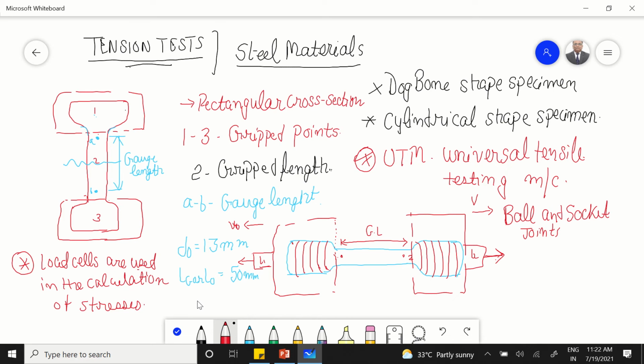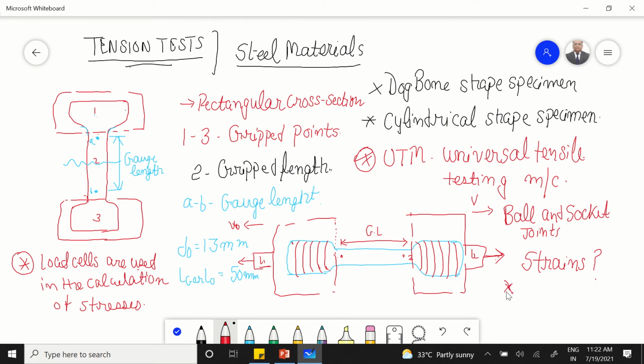Now the next question is, what about strain? How do we measure it? We have already discussed that we use gauge length in the evaluation of strain. There are two methods of calculating strains from the tensile test.